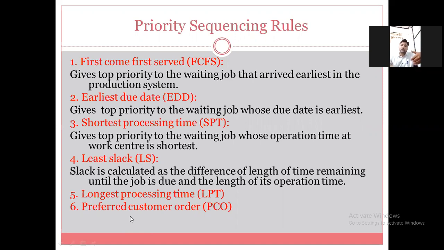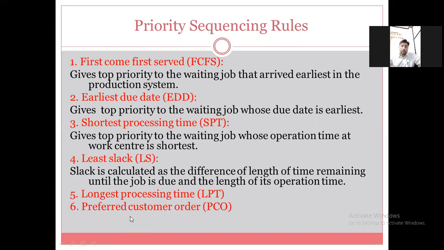So that the customer will have faith in the industry and will provide other jobs or other business also to that particular company. So in this case we have to think about the customer mindset, and accordingly we have to provide the preference to the customer.